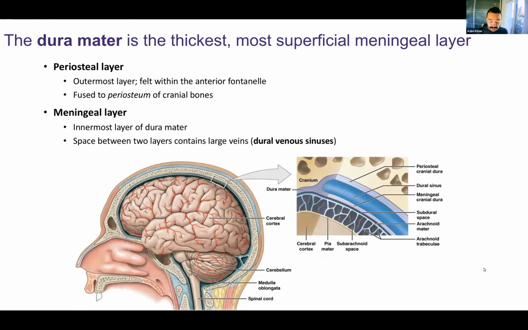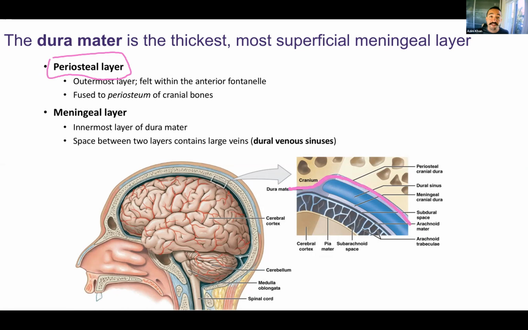So the dura mater, like I said, is the thickest, most superficial. It has two layers. The first layer, the periosteal layer, coloring it down here in this inset. The periosteal layer is just continuous with the periosteum.